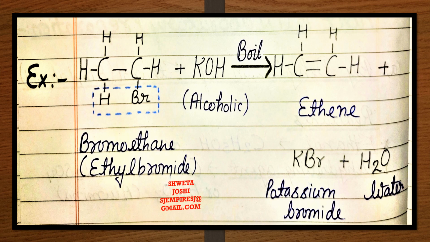Br part is removed with K part of KOH forming KBr, that is potassium bromide. Now we are left with 2 carbon atoms, 4 hydrogen atoms. So for satisfying the valency, carbon-carbon will form a double bond. So overall, ethene, potassium bromide and water are obtained as products.